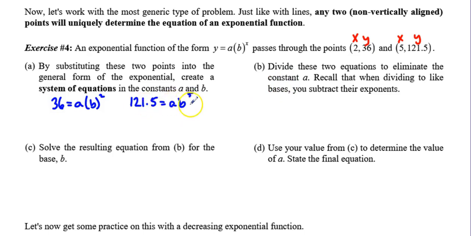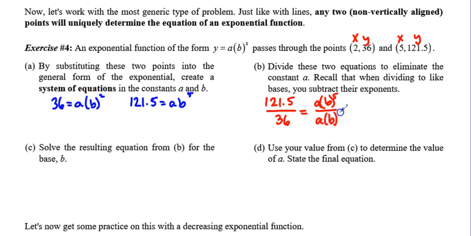Well, as long as I'm dividing both sides by the same value, then it's legitimate, right? And because these 2 sides are equal, I can divide 121.5 by 36, and I can divide the other side of the equation, a times b to the fifth. I can divide by something that's equal to it, which is a times b to the second.